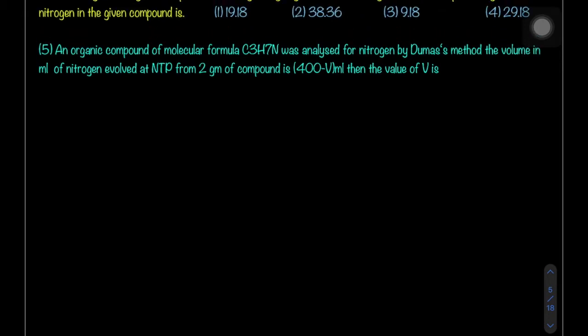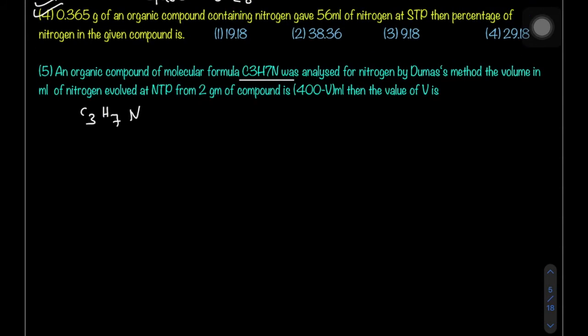In this fifth sum, the organic compound formula is given to you. First of all, what is the molecular formula given to you? C3H7N. Now how to find the percentage of nitrogen? Percentage of nitrogen: how many nitrogen atoms are present? One nitrogen atom is there, so atomic mass 14 divided by total molar mass, that will be 57, into 100.